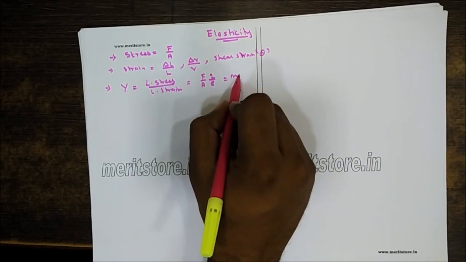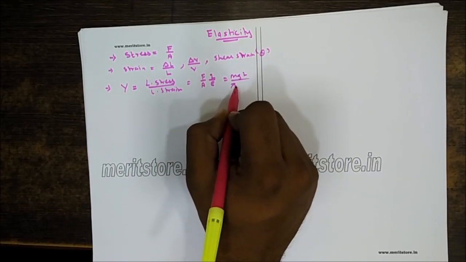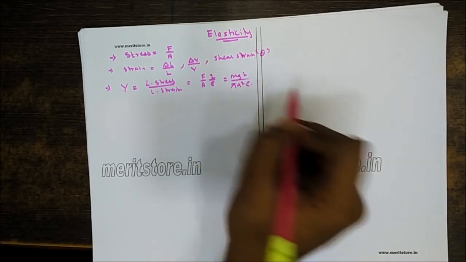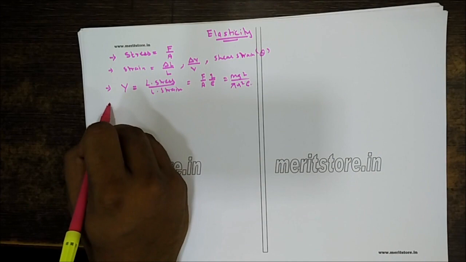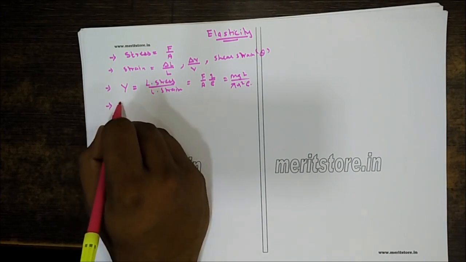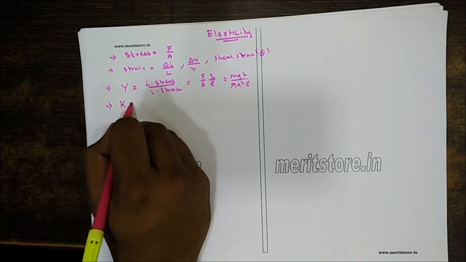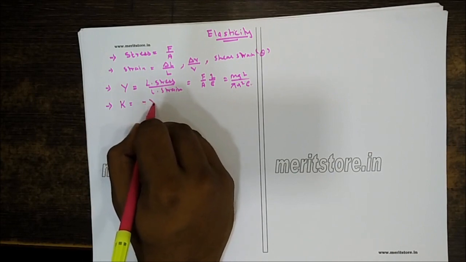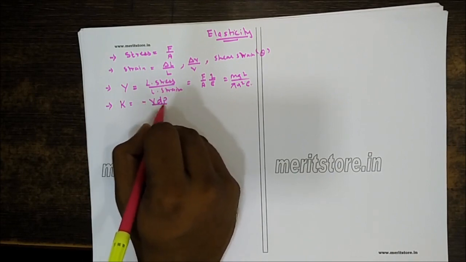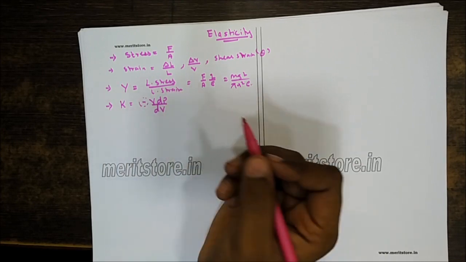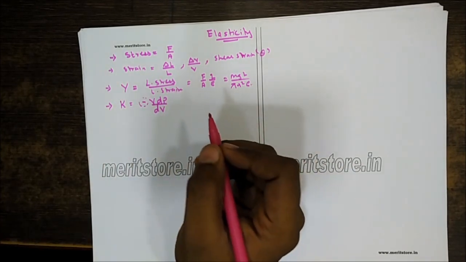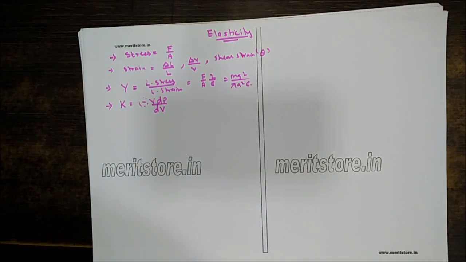This becomes mgL upon pi r square E. Alright. We have bulk modulus, which is minus V dP by dV, where the negative sign indicates contraction, that is a decrease in volume and increase in pressure.